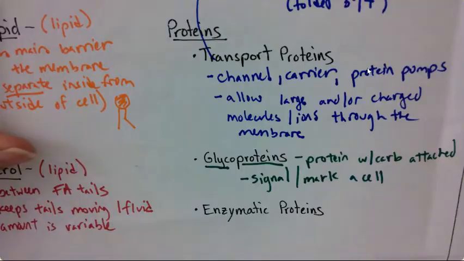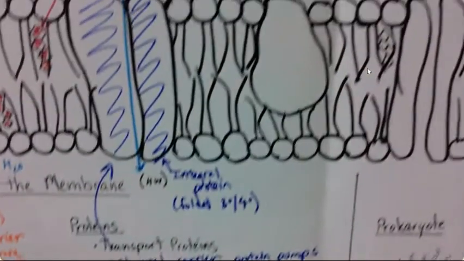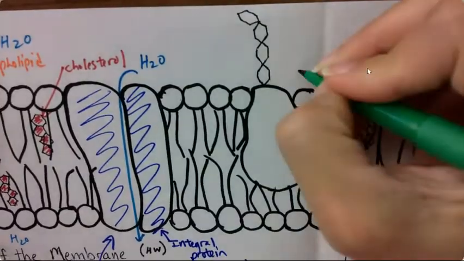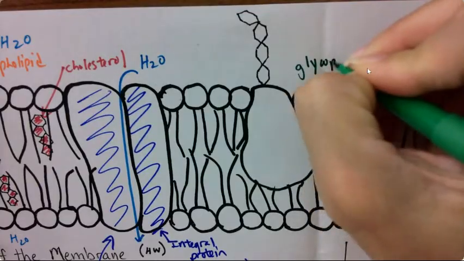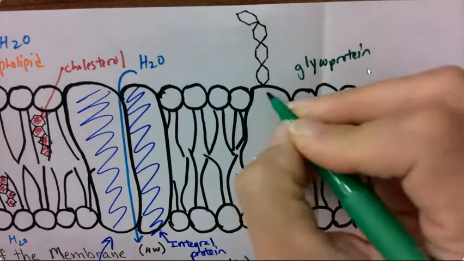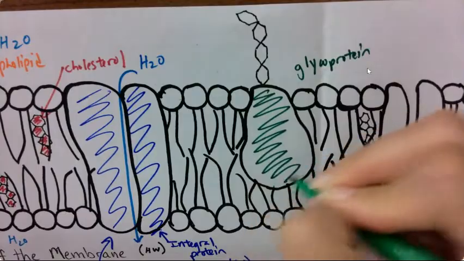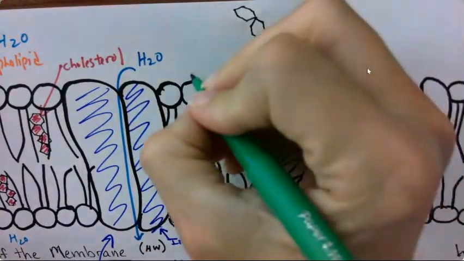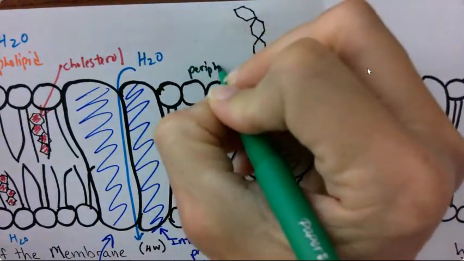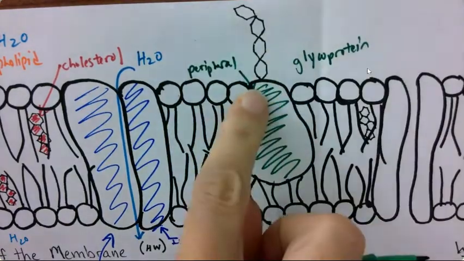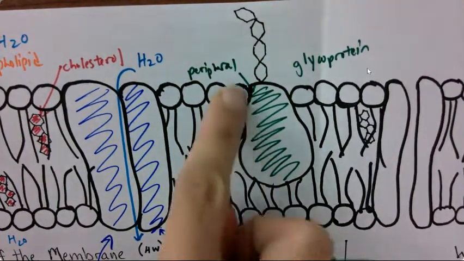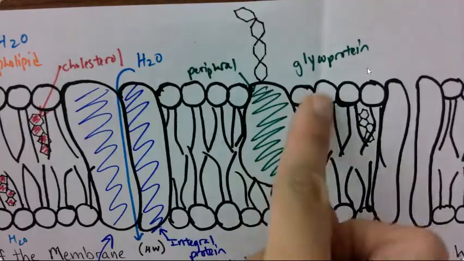And you can see here in our example, here is a glycoprotein. Here's the protein. This is a peripheral protein because it doesn't go all the way through the entire cell membrane. It kind of sits on this edge of the cell membrane.